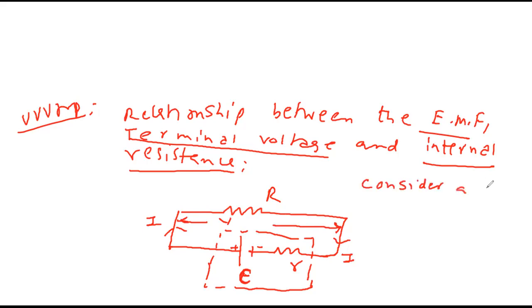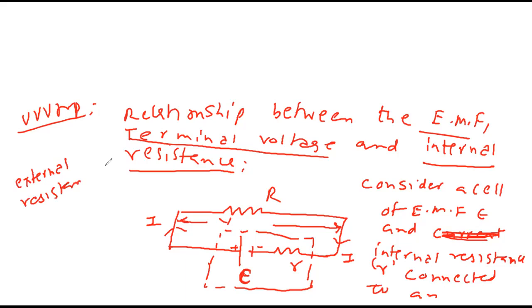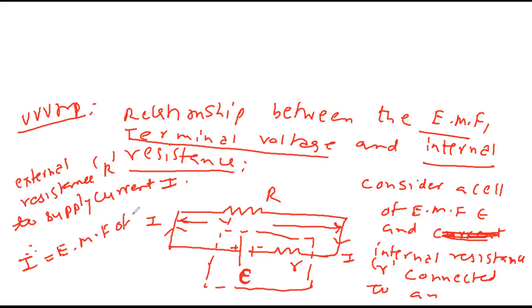Consider a cell of EMF epsilon and internal resistance small r, connected to an external resistance capital R to supply current capital I. Therefore, I, meaning total current, equals the EMF of the cell upon the total resistance.